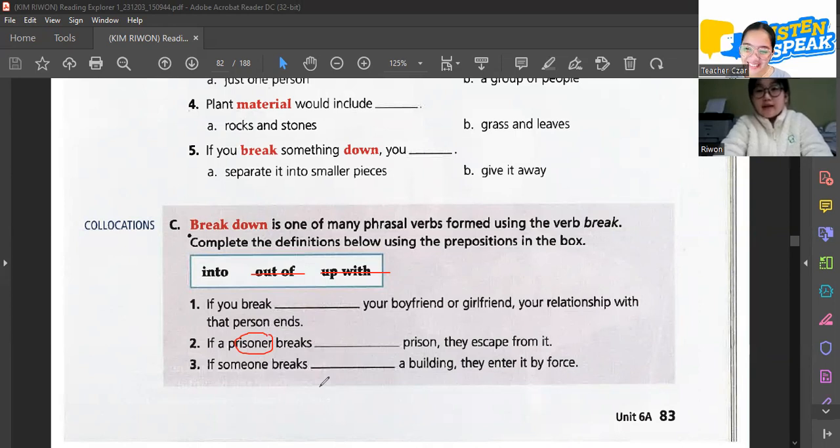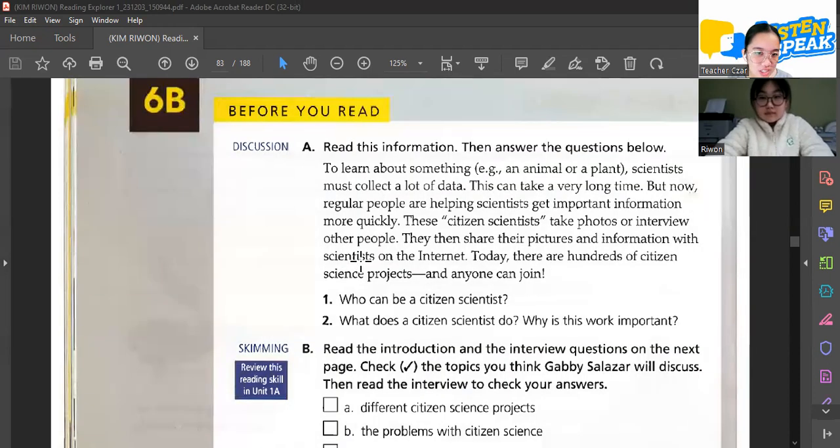They break the door with force and enter the house. Okay, very good. It is like those criminals or burglars that you mentioned earlier that forcibly entered inside a facility or house. Okay, now we will be moving on with the next one.